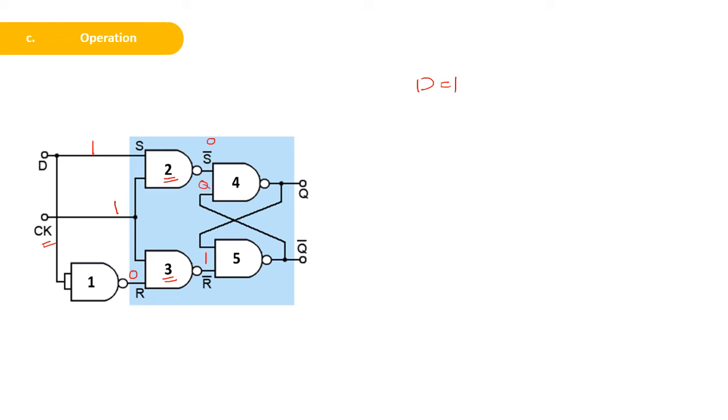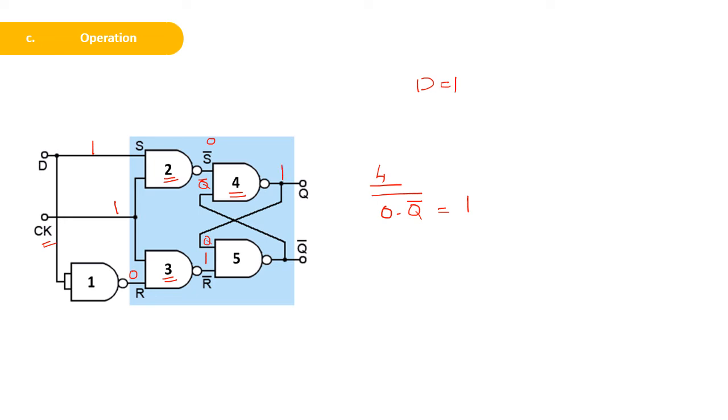Now this input is equal to Q bar and this input is equal to Q. Now if you take NAND gate 4, current inputs are 0 and Q bar, (0 dot Q bar) complement. 0 dot Q bar is equal to 0, so 0 complement will always be 1. That means Q is equal to 1.